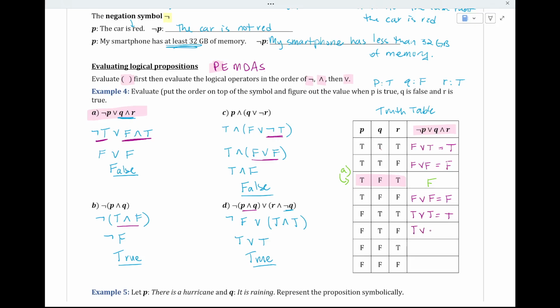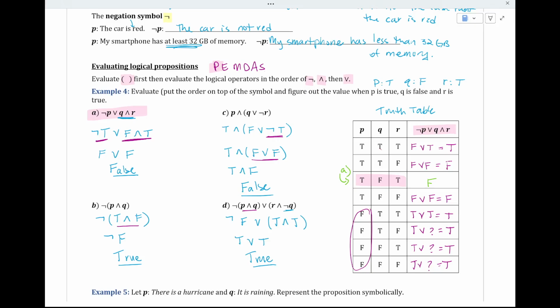True or, and you know what, I'm noticing all of these are going to be true or. And true or, it doesn't really matter what's over here. This or only requires that I have one of the sides be true. It doesn't really matter what the other side is. So these are all going to be true. I don't even need to really calculate the rest of it. A true or false is true. A true or true is true. So it doesn't really matter what these question marks are.